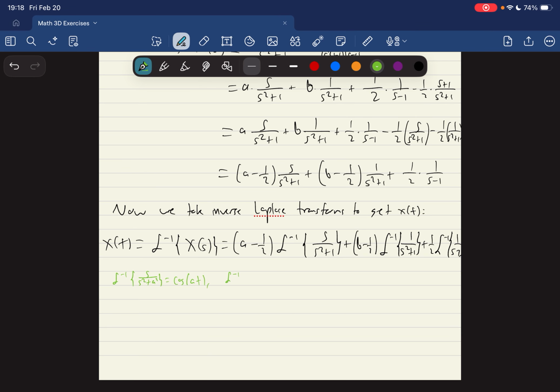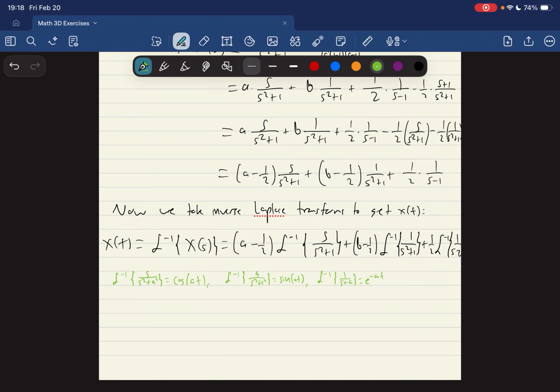The inverse Laplace transform of a over s squared plus a squared equals sine of at. And finally, we have the inverse Laplace transform of 1 over s plus a, and this is e to the negative at. Let me just go to my table, make sure I have this right.